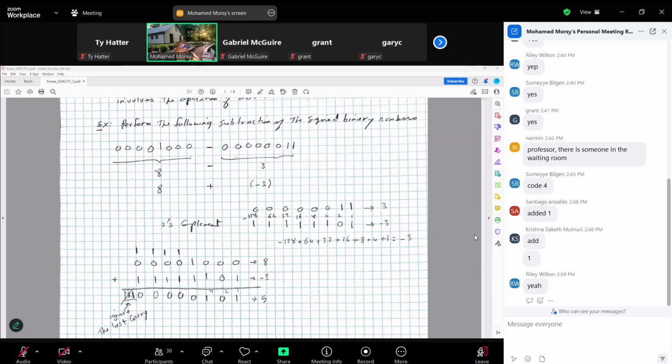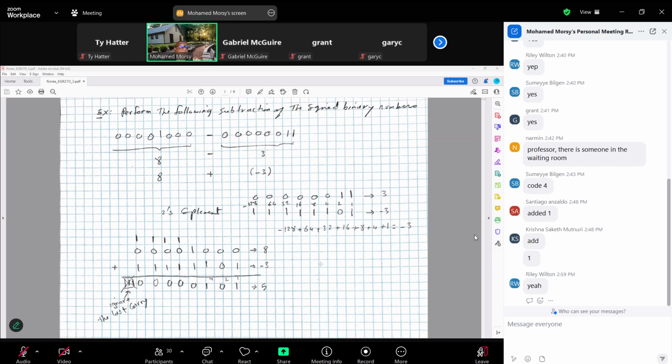And now we can represent this number in two's complement. So when we add 8 plus this number, we do binary addition, but actually we subtract, because the second number is negative already.